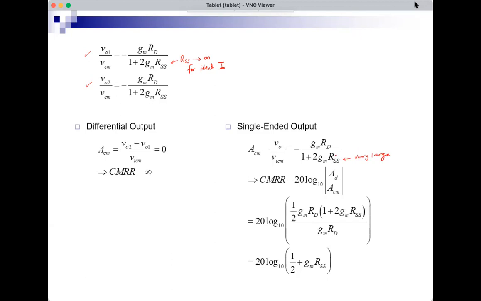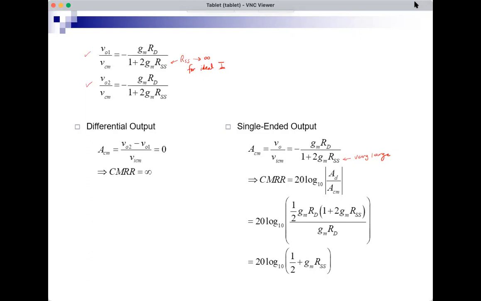And if RSS is very large compared to RD, then GM RD over 1 plus 2 GM RSS can be made much less than 1. And therefore, the output would be a smaller version of the input when the two inputs are equal. So ACM can be, for example, 0.1 or minus 0.1.